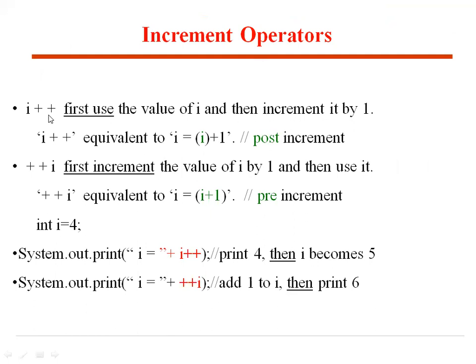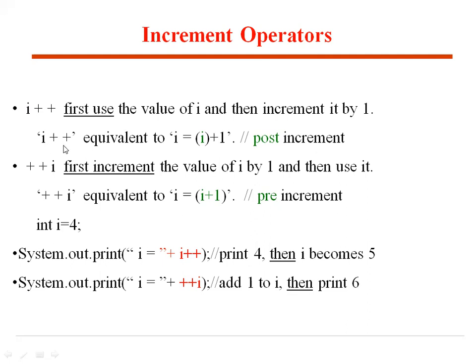When you write i plus plus, first comes the operand, followed by the operator. This plus plus is called the operator. In this case, first the value of i will be used, and after that the value of i will be incremented by 1.